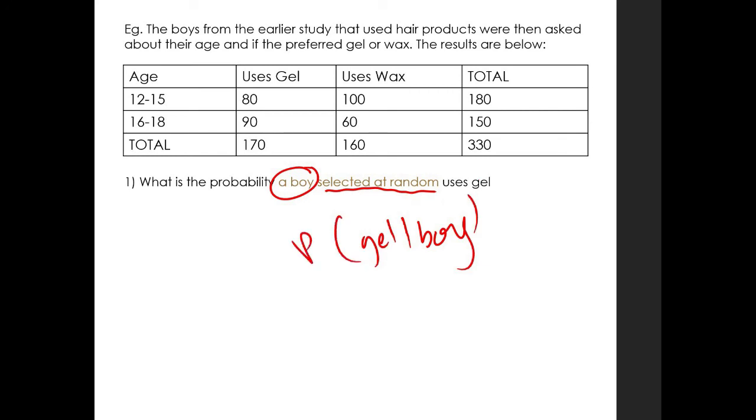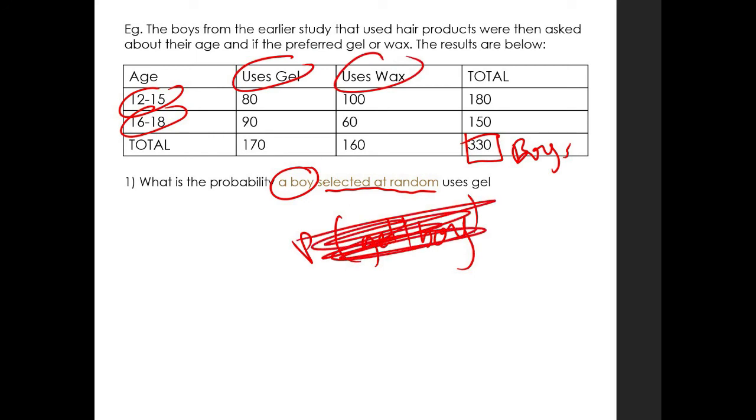But remember what I said, the first thing you do when you get a table is familiarize yourself with who is everyone and who is the subsets. In this particular table, everyone is boys. It's not a subgroup. The subgroups are 12 to 15 year olds, 16 to 18 year olds, people who use gel, people who use wax. So in this case, it's not a conditional question because selected at random is everyone.